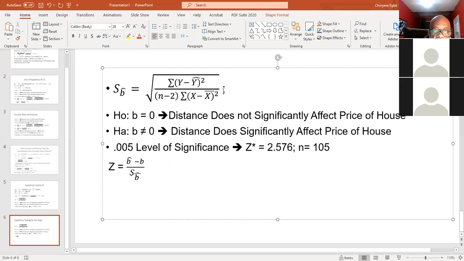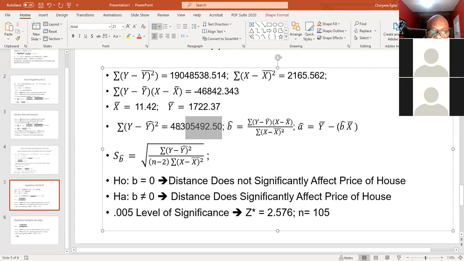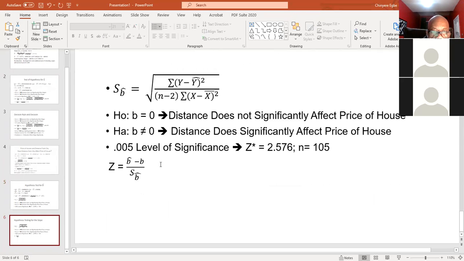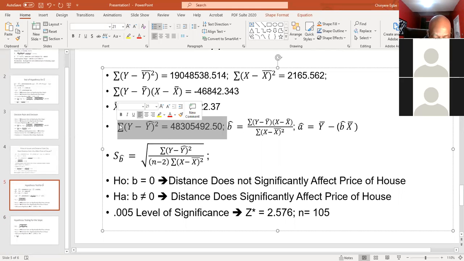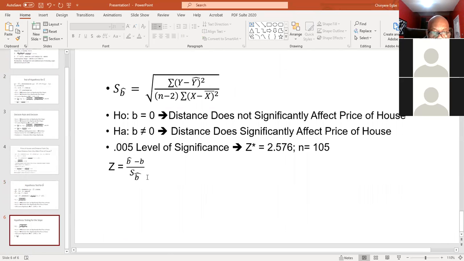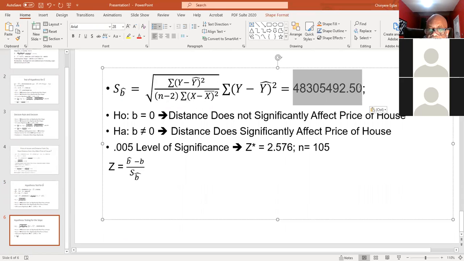We have to go and copy the numbers: the summation of y minus y hat squared, which in this case is from here, and we replace that.